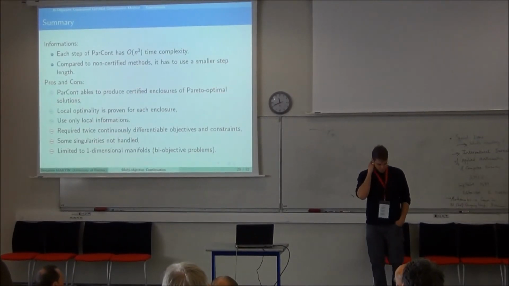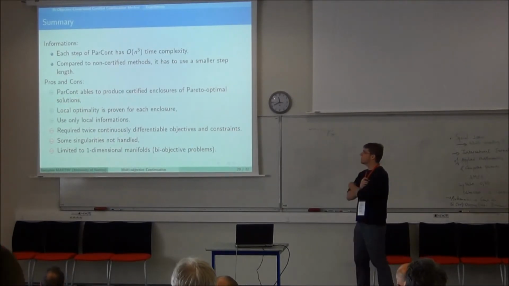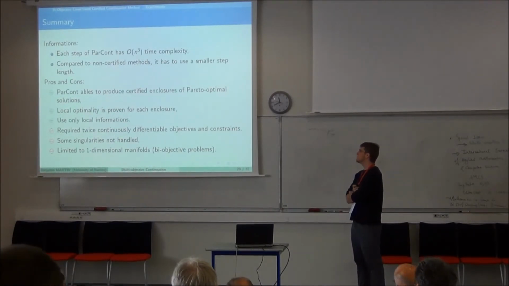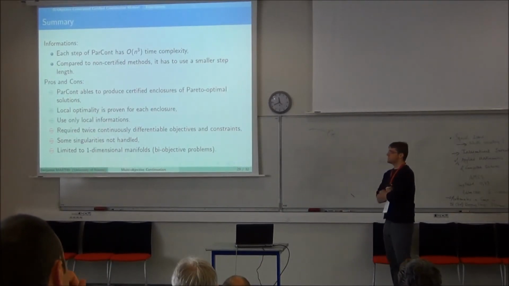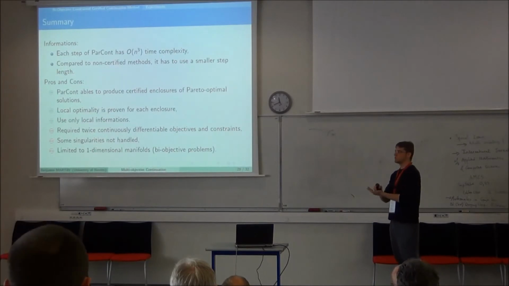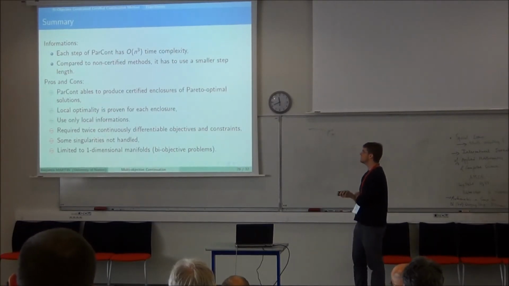Okay, so some information about Parkhouse is that each step costs as the cube of the complexity. If we compare the method to non-simplified methods, it tends to use a smaller step size, so we have to use technically more steps than non-simplified methods.